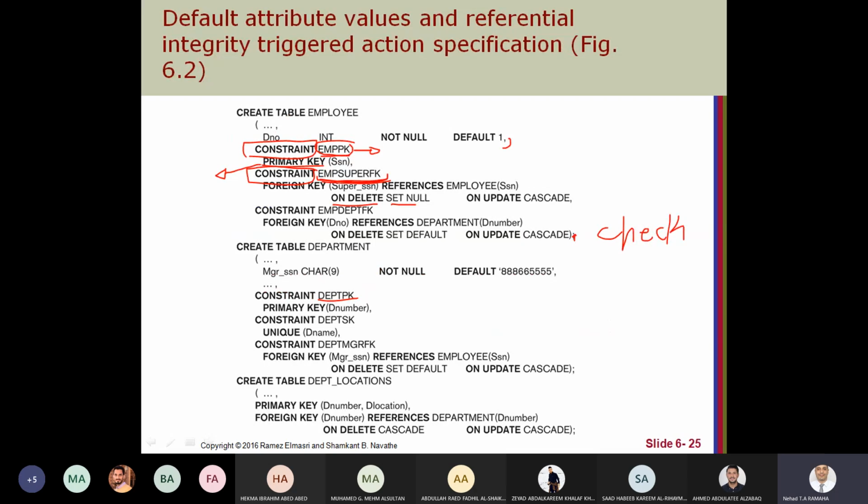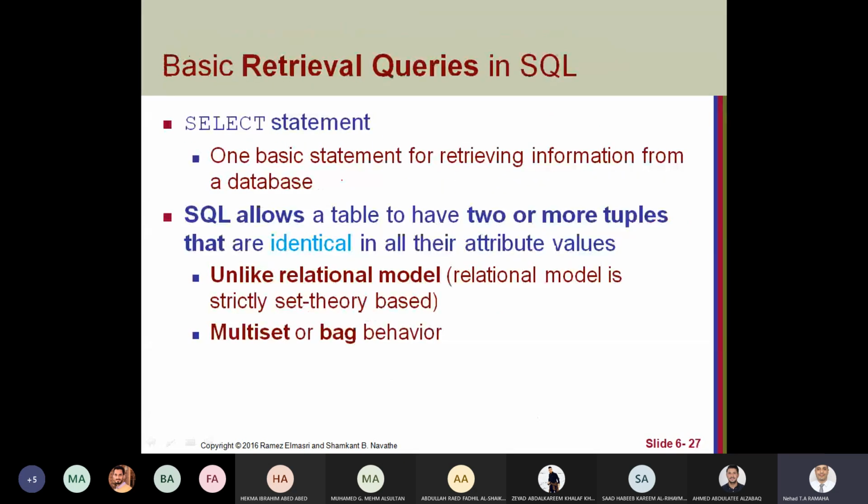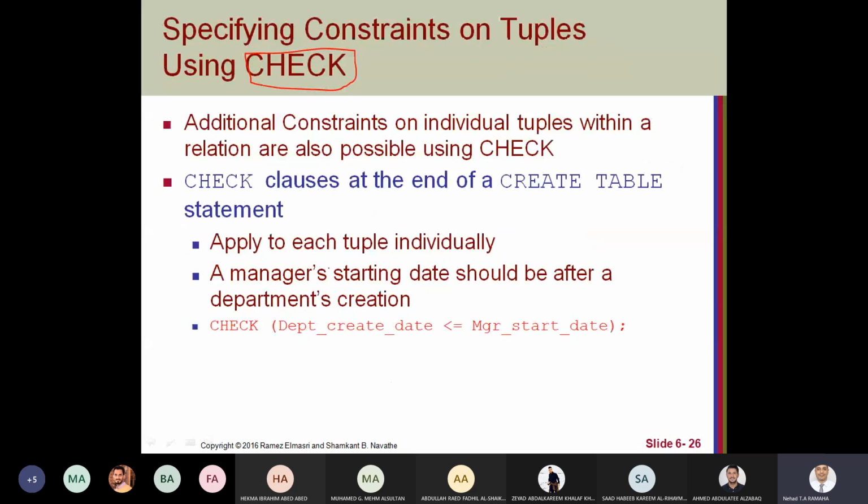A check, for example, D number between X and Y, between blah blah, anything for a check. Okay, here another example. I can check, for example, that manager start date should be more than department create date.